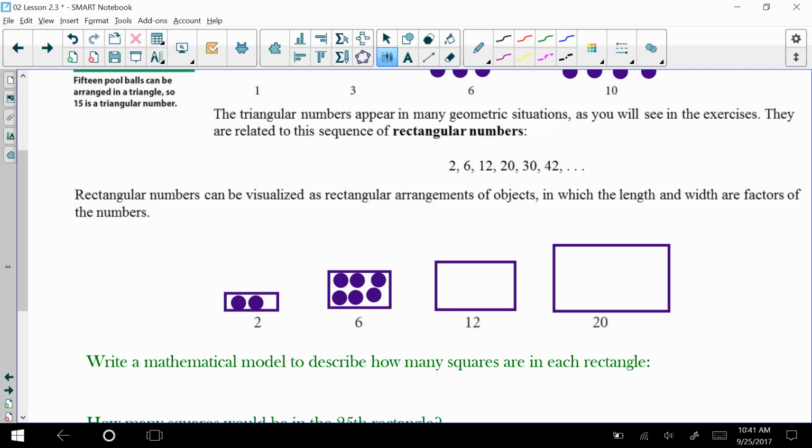Rectangular number 12: 1, 2, 3, 4, 5, 6, 7, 8, 9, 10, 11, 12. And 20, 5 by 4. So 5, 10, 15, 20.